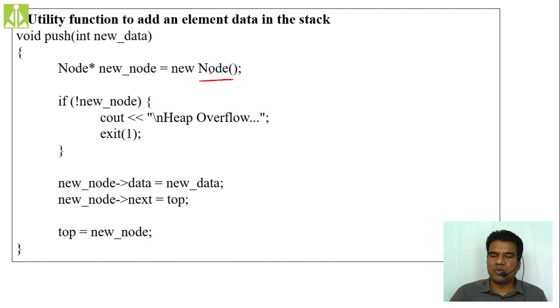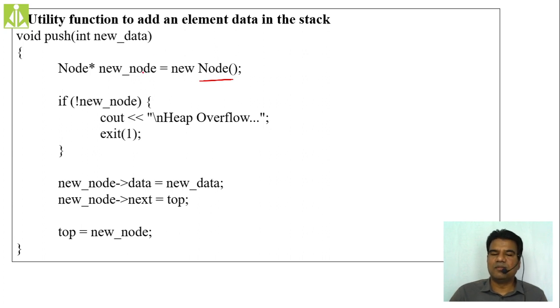So at that point we have to safeguard. In that case, this new node will become null, because if your heap memory is full, the node constructor call will not return any memory.